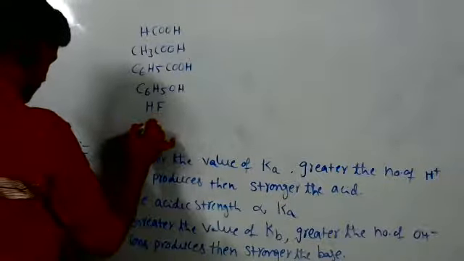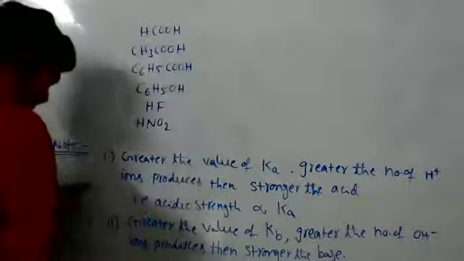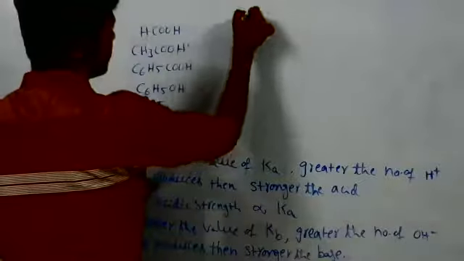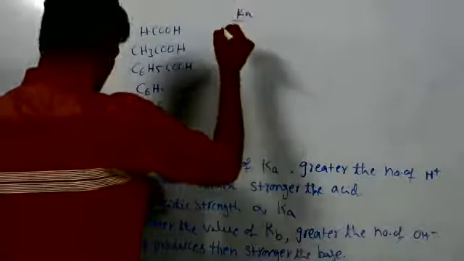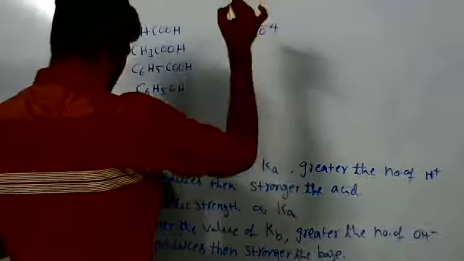If you want, note down; it's not mandatory. Formic acid Ka value is 1.7 × 10 power minus 4.